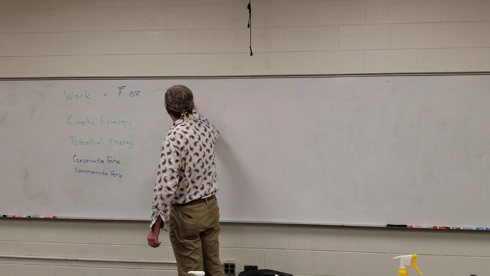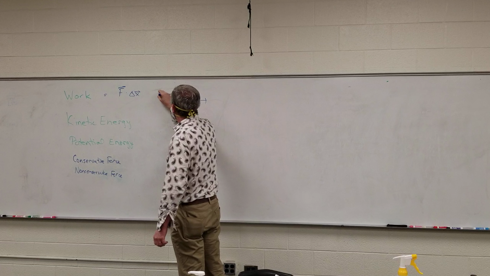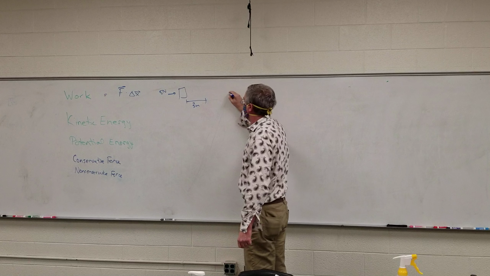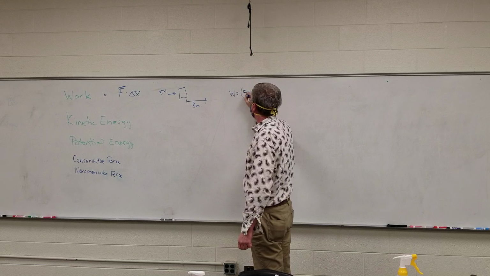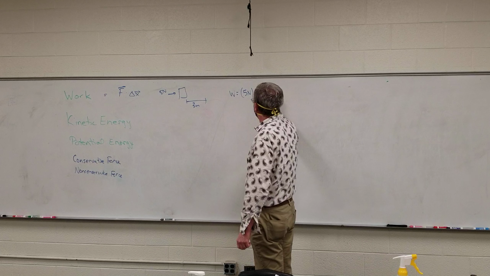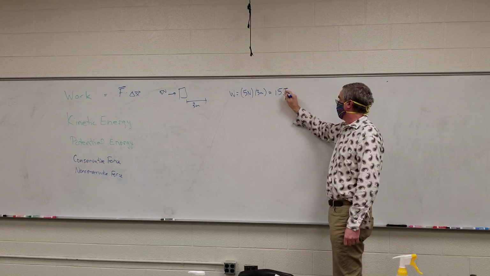So if I have a box that gets pushed 3 meters with a 5 Newton force, the work done is 5 newtons times 3 meters, or 15 joules. That's a capital J.